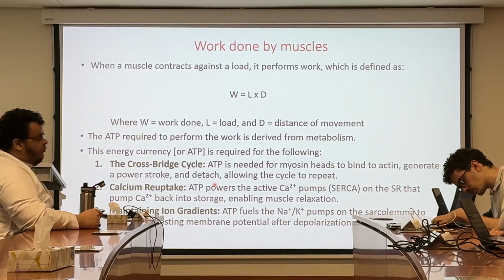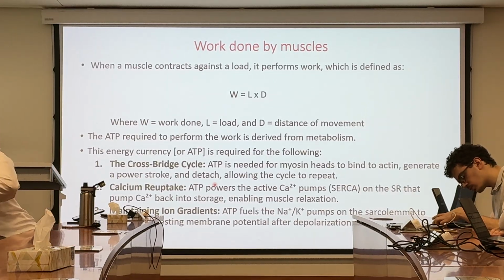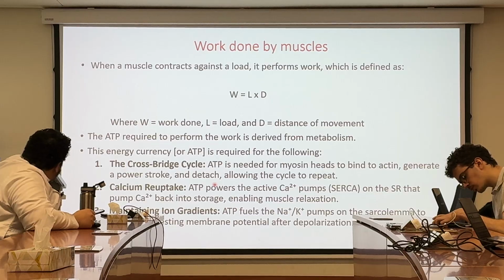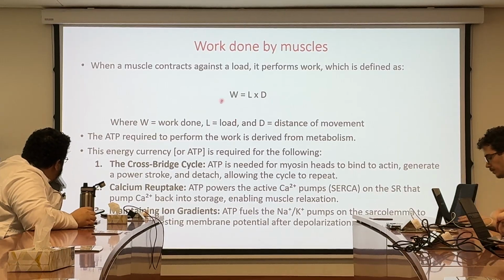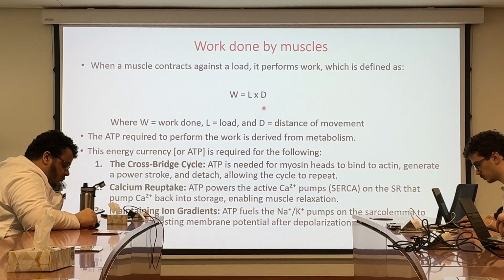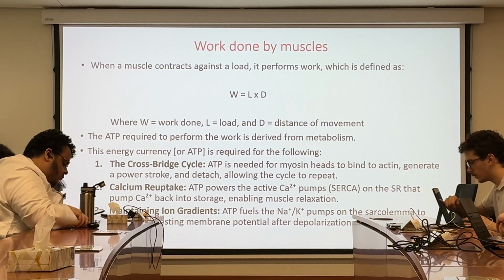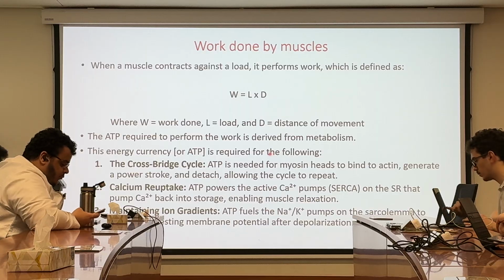Again, when the muscle contracts and shortens, that velocity of contraction, which depends upon the afterload, is actually creating work. So work, according to physics, is the load multiplied by the distance you move, whatever it is you are carrying. Okay? So ATP is required, obviously, to do that work.